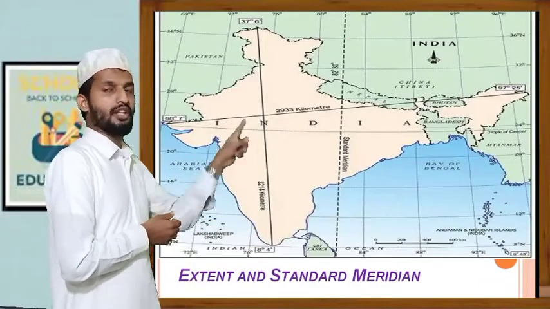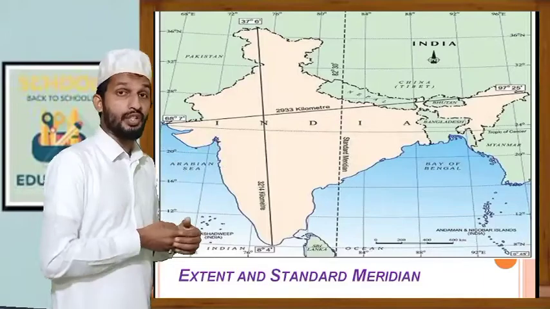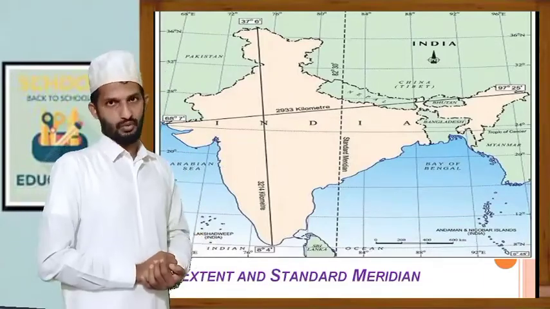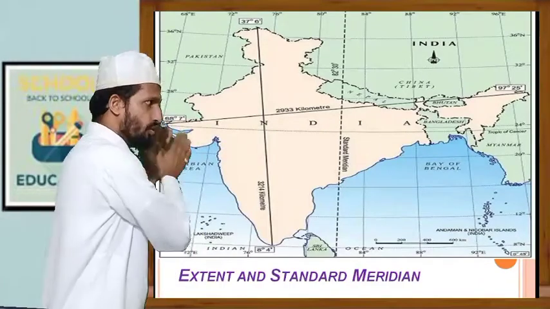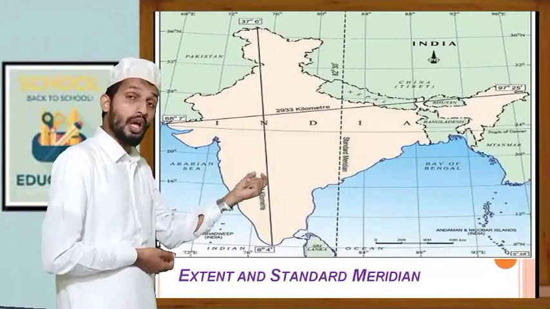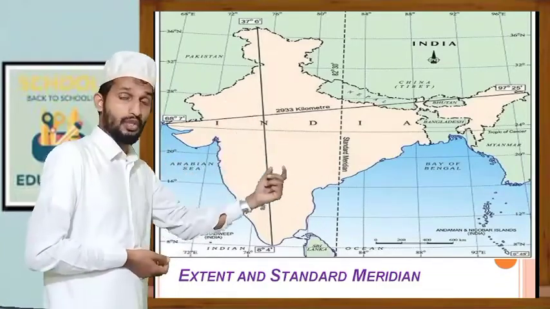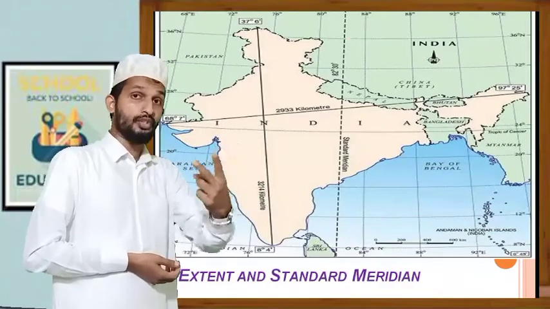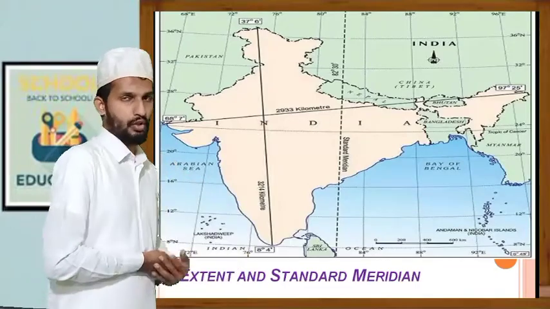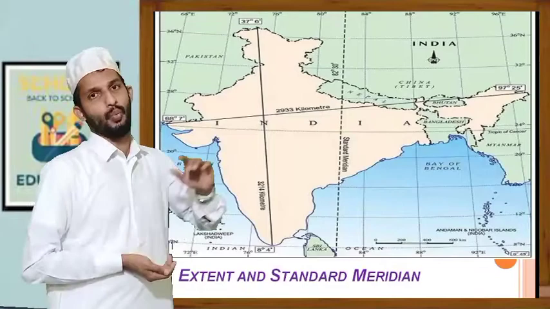Yes, absolutely, that is vertical, because from Kanyakumari to Kashmir we have a distance of 3,214 kilometers, and from Gujarat to Arunachal Pradesh we have a distance of 2,933 kilometers. So from this we can see a difference of almost 280 kilometers. So the longest way is the north-south distance rather than the east-west.